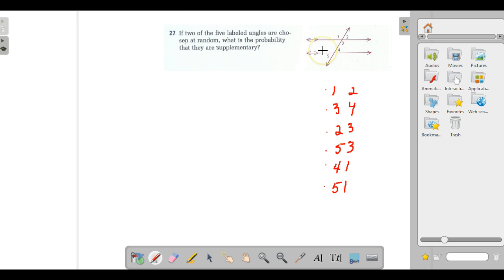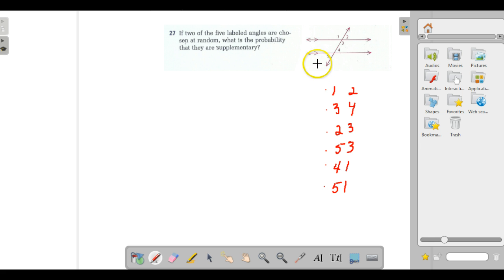So that's kind of like one of the first things you have to do in these type of probability problems, because these are the type of probability problems where we have to start counting all the possibilities.